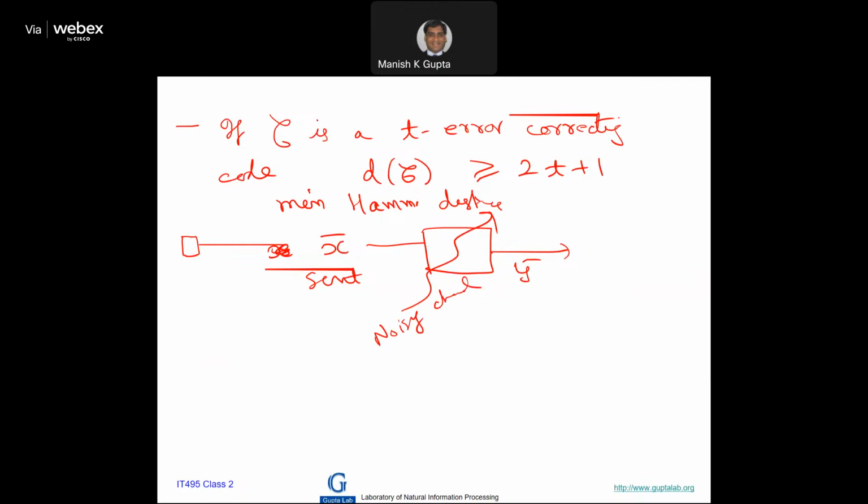Now T errors have occurred. Okay, so that means distance between X comma Y cannot exceed T, right? X is sent, Y is received, T errors have occurred, so they will flip at T places. So distance between X comma Y, the number of places they differ, Hamming distance, cannot exceed T, right? Fair enough.